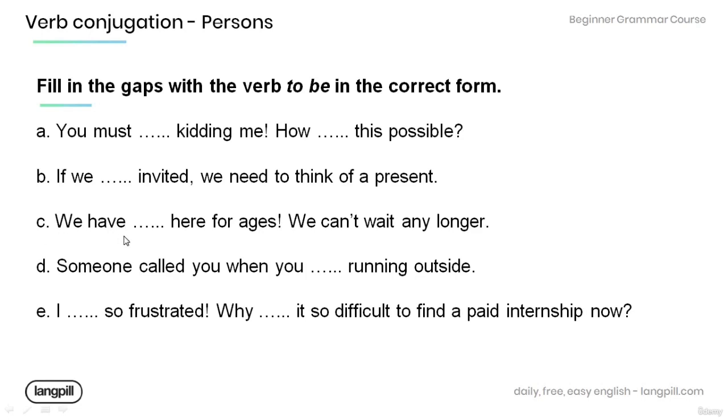C. We have here for ages. We can't wait any longer. D. Someone called you when you running outside. E. I so frustrated. Why? It's so difficult to find a paid internship now.